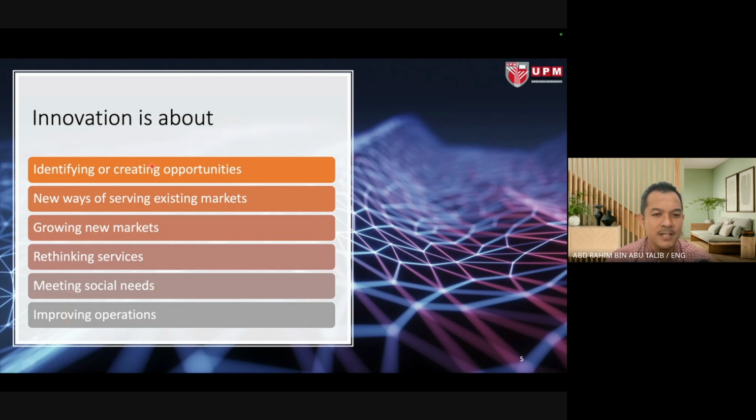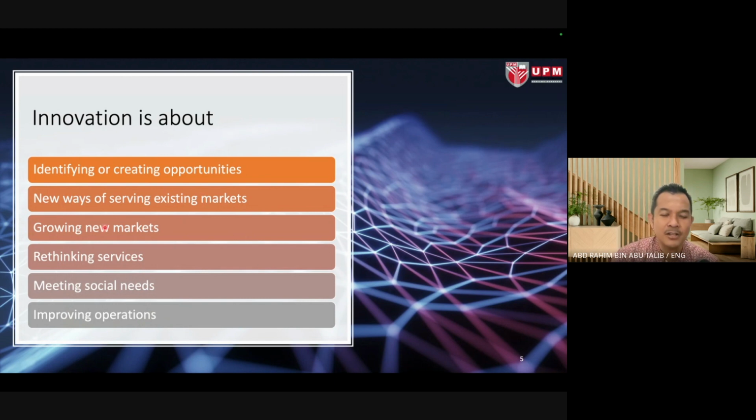If we look at the definition of innovation by textbook, it says that any invention that can turn into money, meaning that there is a transaction of dollar and cent, dinar or ringgit or yuan, you name it, the currency.